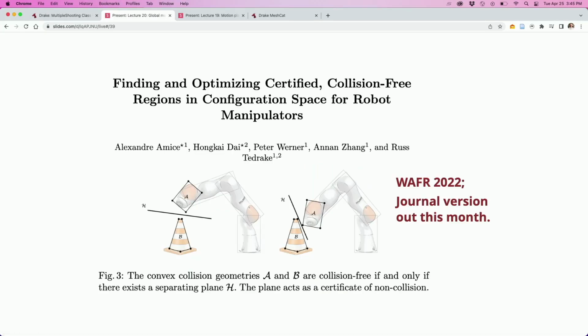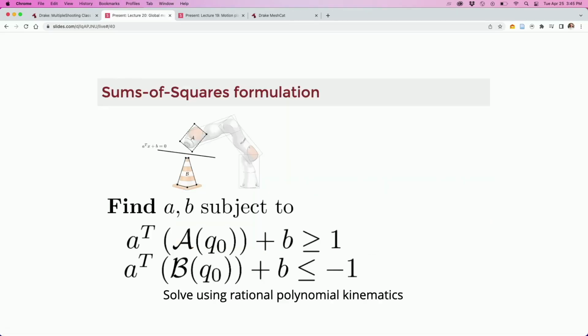Yeah, so we have sums of squares optimization formulations, where you're basically taking complicated robots. I said the geometry, even the kinematics of our robots are polynomial, right? They look like they have sines and cosines, but you can always write sine squared plus cosine squared equals 1. And the same thing I said about doing sums of squares for reasons of attraction for robots works for sums of squares for geometry reasoning, okay?